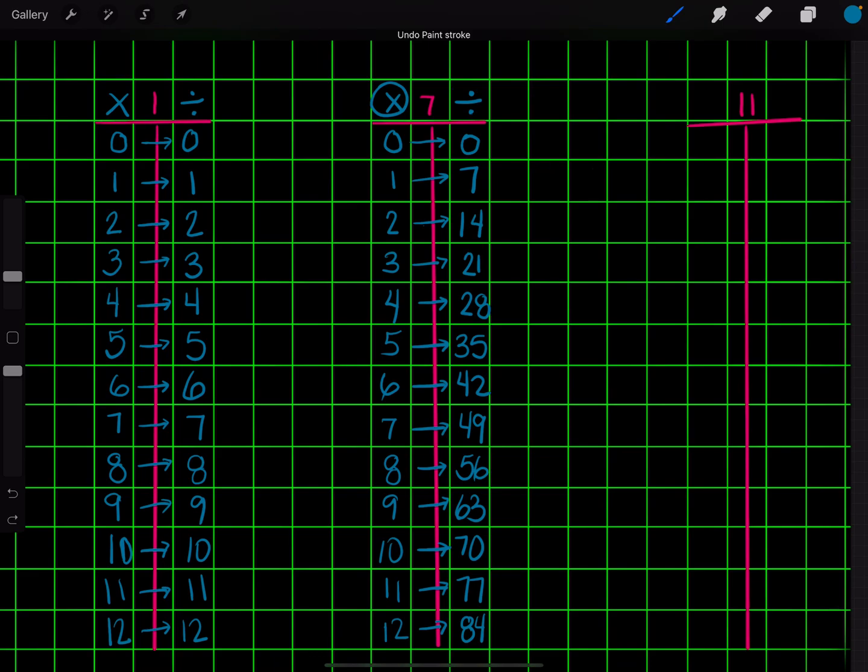All right, so next we're going to do our 11s. We're going to start by putting that multiplication symbol and that division symbol. And again, we're going to start with our 0.